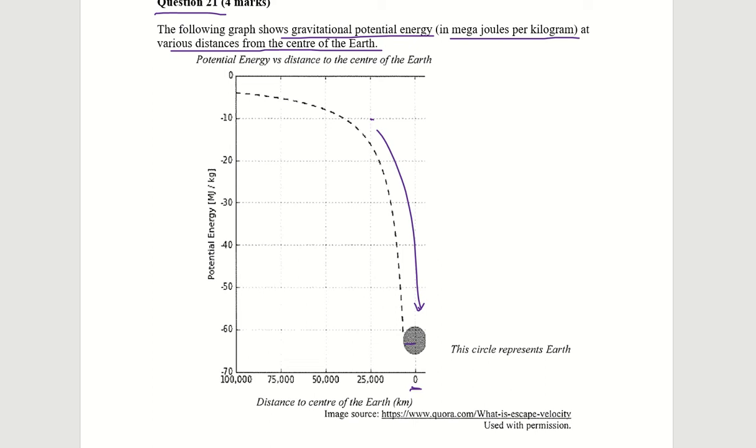As you move away from the Earth, going this way back, you can see that the negative value is becoming less negative as you move further and further away. So that tells us that we are gaining GPE, gaining gravitational potential if we're going that way, and we are losing gravitational potential if we're going closer to the center.